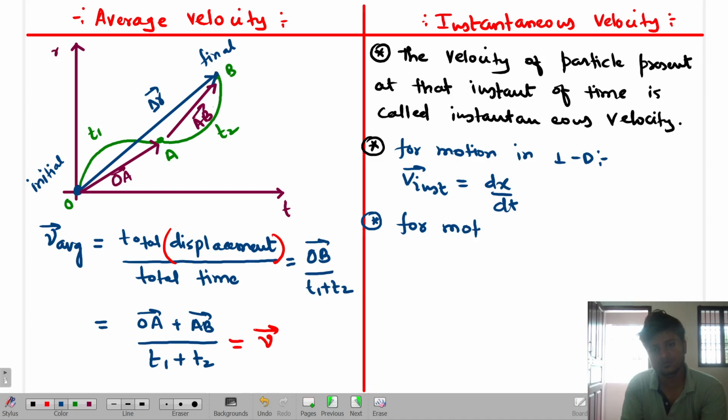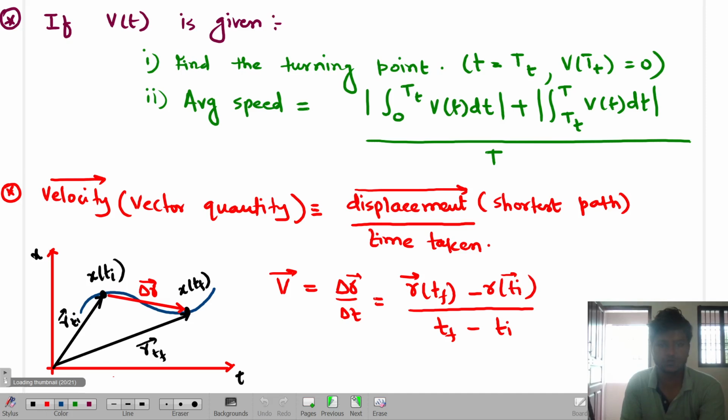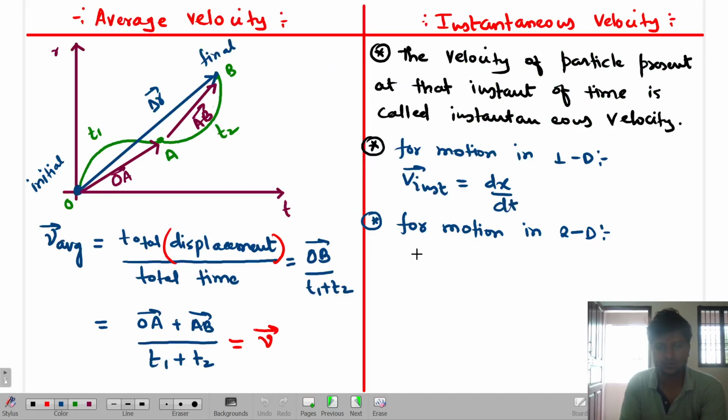So for motion in 2D, that means there are two directions at the same instant of time. Are you able to get me or not? So then I'll have to use the position vector form to find the position of any particle. It will be given like x i cap plus y j cap, which can be dependent on time. Is this clear for everyone?